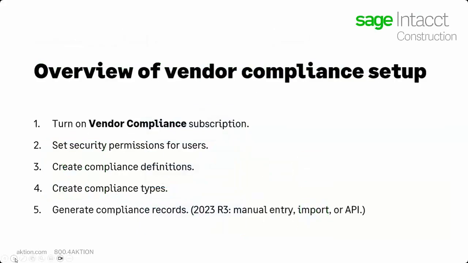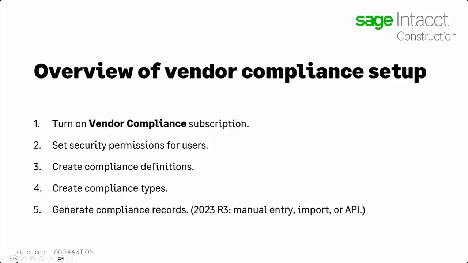An overview of how this vendor compliance setup will work: if you go into company subscriptions, you'll need to find vendor compliance and subscribe to that part. The next step is going into your permission settings, and then based on whichever users you would like to have the ability to create and update vendor compliance records, make sure to go in and set those permissions.